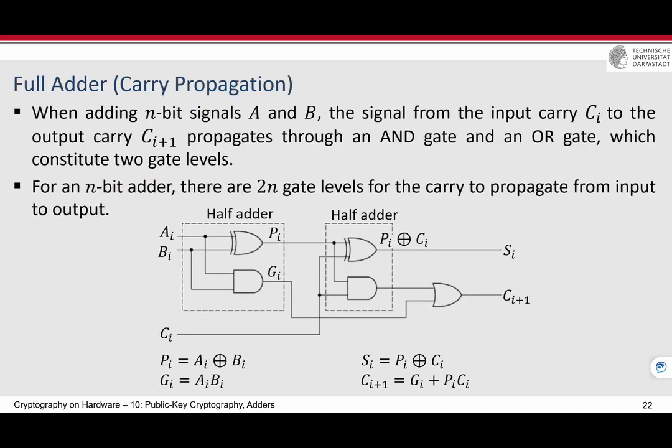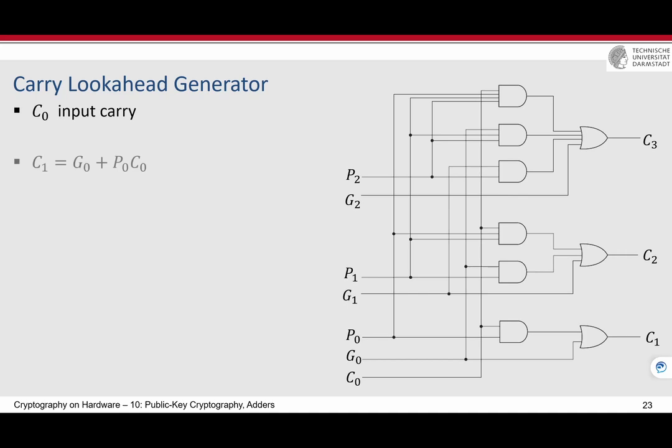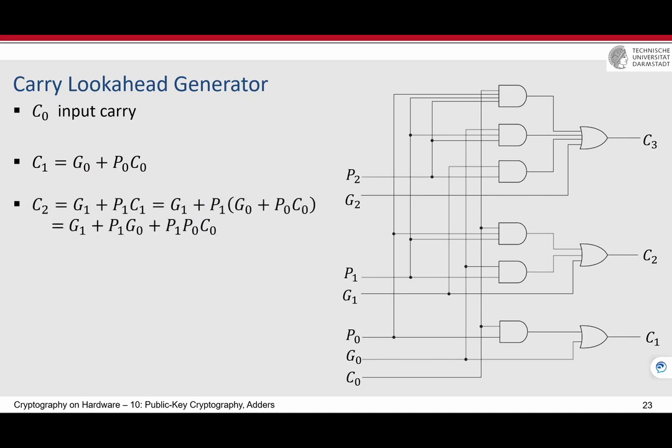This was the formula: the next carry Ci+1 is GI OR PI CI. So the next carry is G0 plus P0 C0, and you can write the same for C2, G1 plus P1 C1, and for C3, G2 plus P2 C2. Then write the formula based on just P and G.